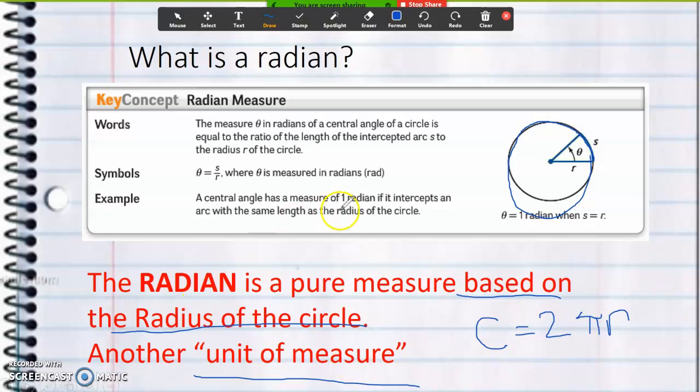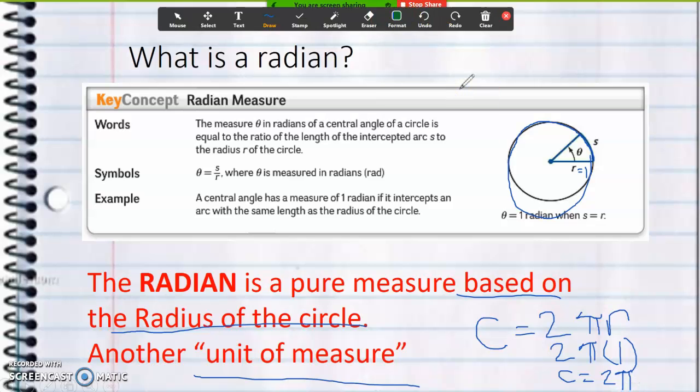And let's just say that the radius of this circle is 1. So what is the circumference of the circle? That's 2 pi times 1. So my circumference is 2 pi.